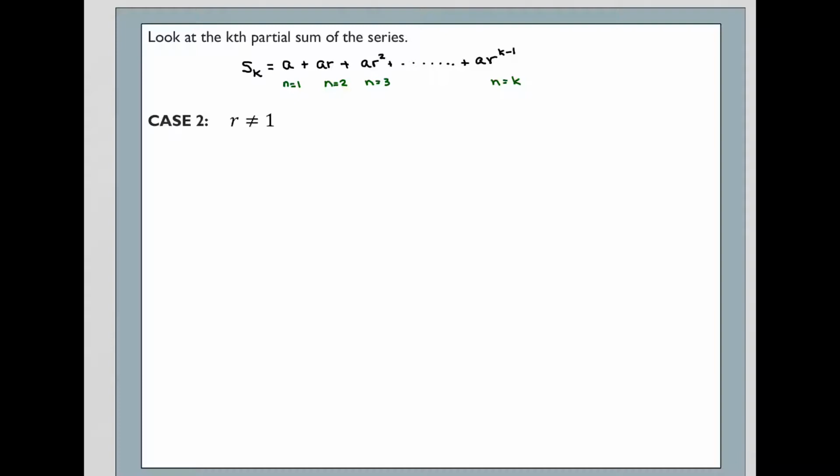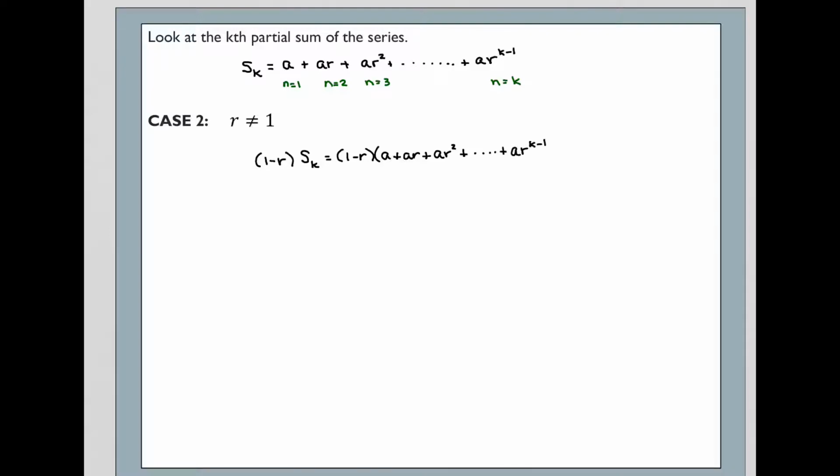So if r doesn't equal 1, let's take 1 minus r and multiply s sub k by 1 minus r. What would that do? Remember, mathematicians at one time didn't have anything to do but play with math all day. So you can get creative and try new things.